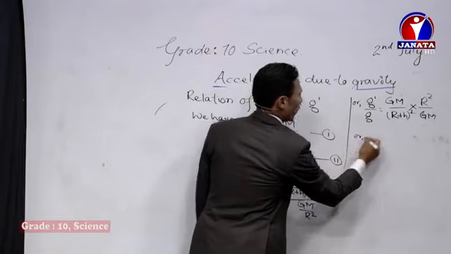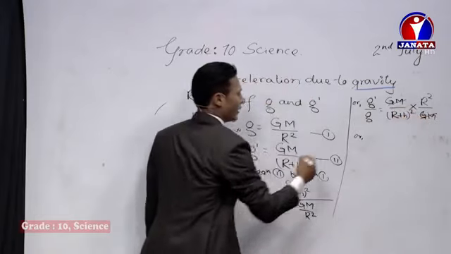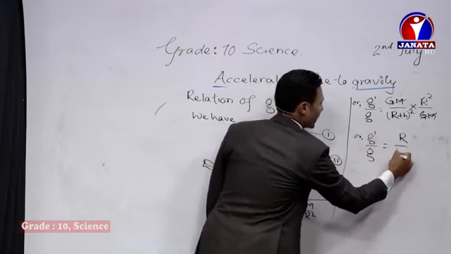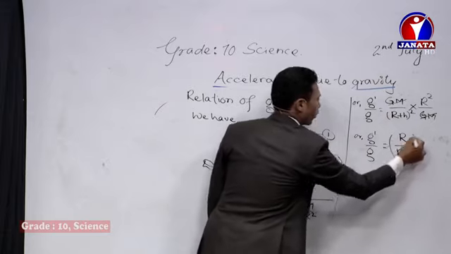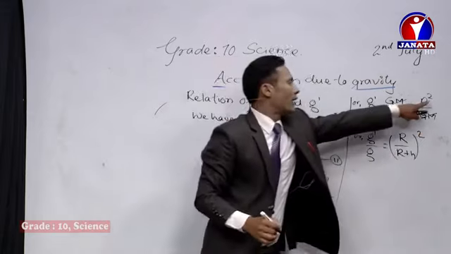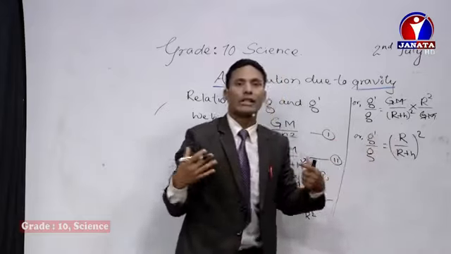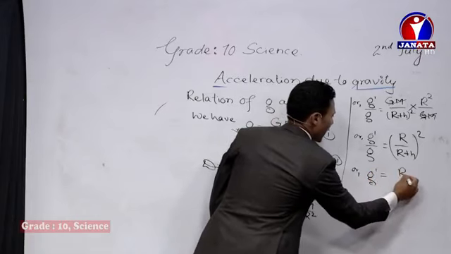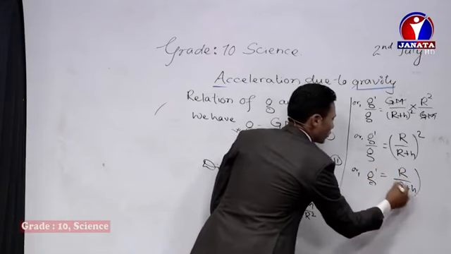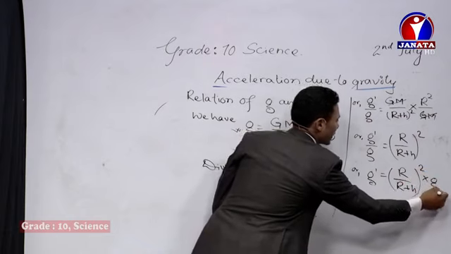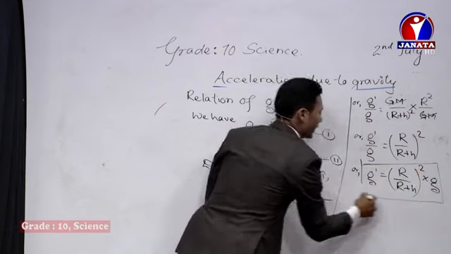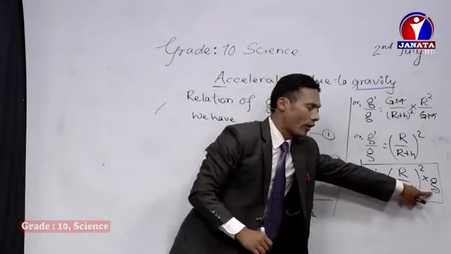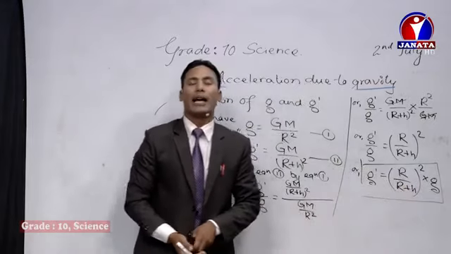Let's simplify this: GM and GM cancel, that means g dash by g equals r by r plus h, whole square. Here is a square and here is a square, so I include them in the same bracket. One more step: g dash equals r by r plus h to the whole square into g. So this is the relation between g and g dash, that means the acceleration due to gravity at the surface of earth and the acceleration due to gravity at a certain height.